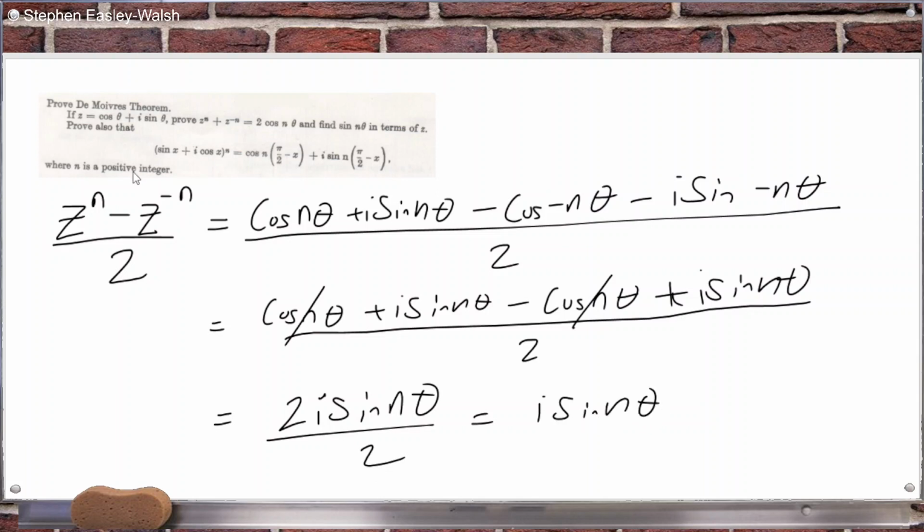So to fix it, I'll just put an i here, dividing by i. So that's equal to sin nθ. So sin nθ in terms of z is this expression here.